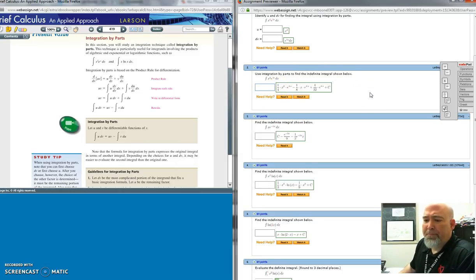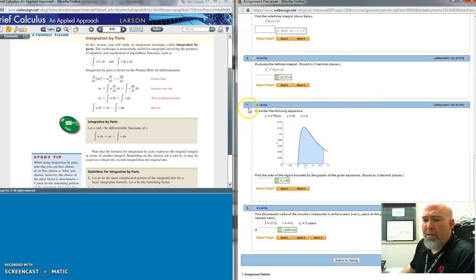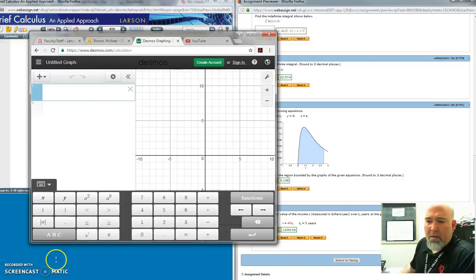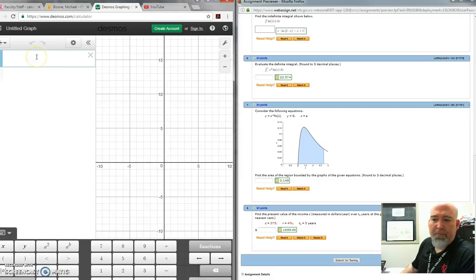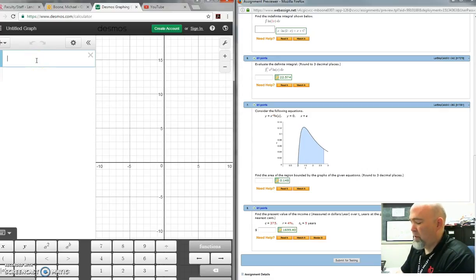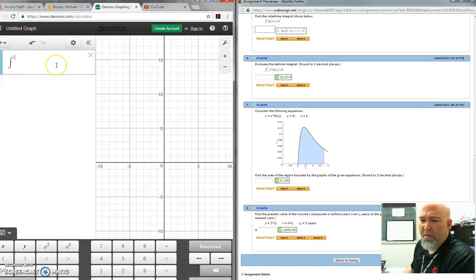When it comes to evaluating, like on number 7, when it comes to evaluation or a word problem, unless I specifically say do it by hand, I would expect you to use technology. So if we wanted to integrate this thing from, it looks like 1 to e, we can tell Desmos to do that.